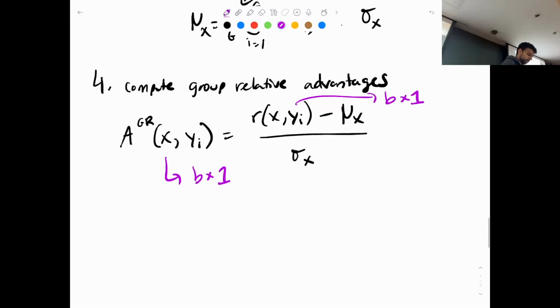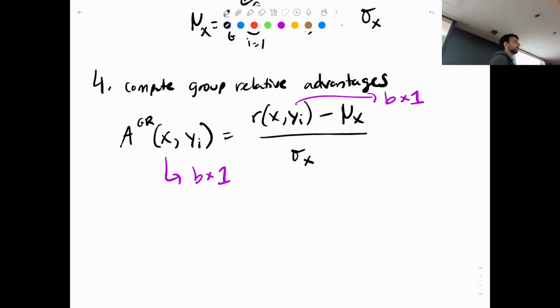Okay, so now what we've done is we have a prompt. We've generated, say, 4 different responses. We compute a reward for each of them and an advantage that is normalized by the group mean and standard deviation, right? So this tells us for any given response, how much better or worse it is than the average in the batch, right?